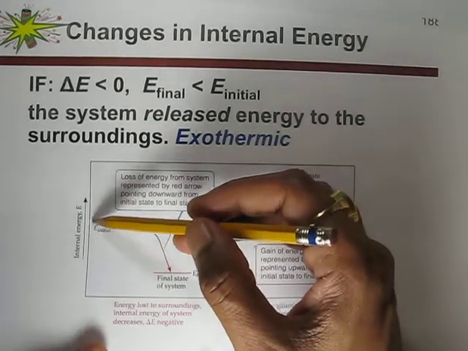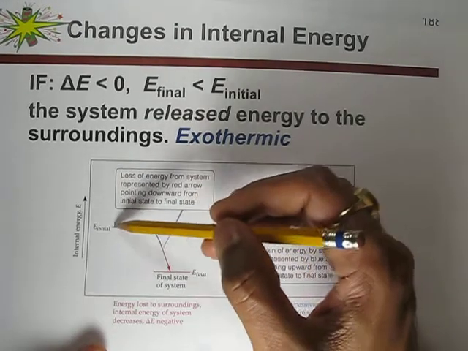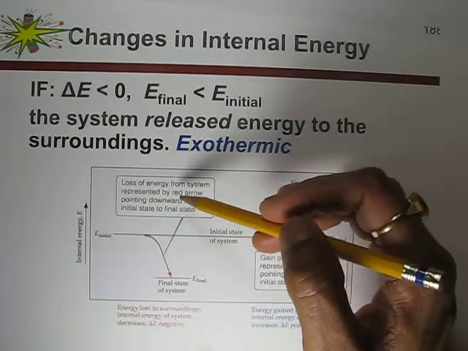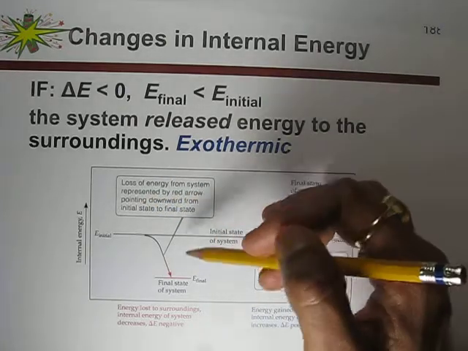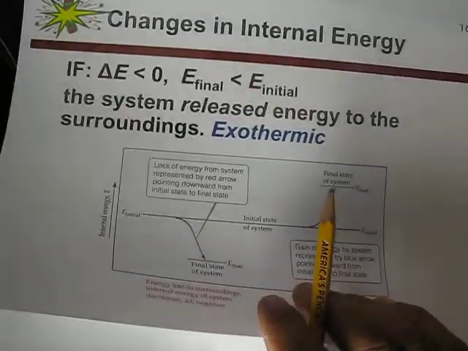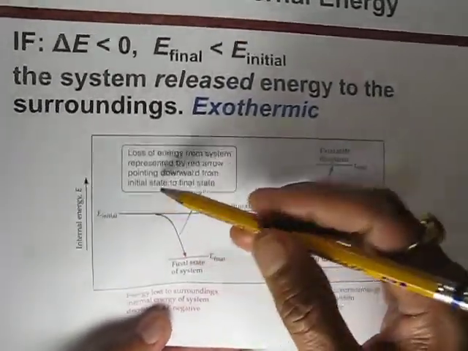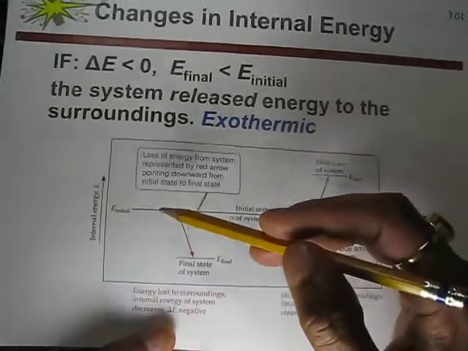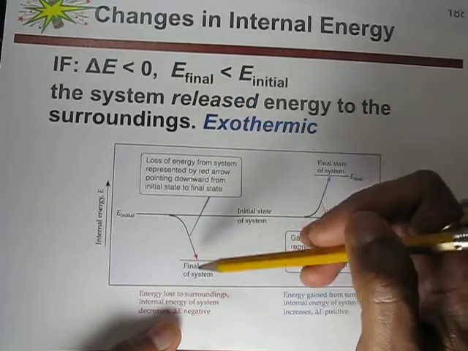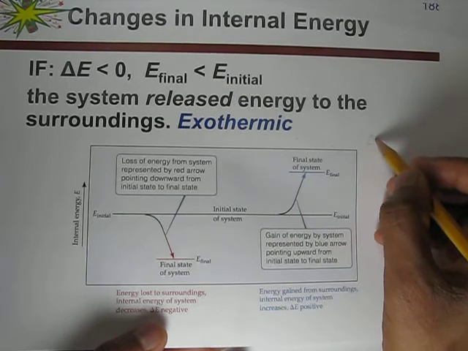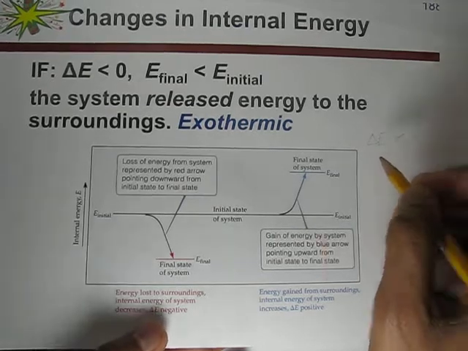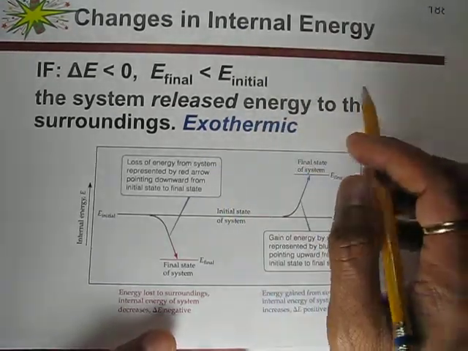When a system has the initial energy like this one, and then it loses energy from the system and releases it into the surrounding, then the final energy will be less. You can see it going downward, so loss of energy is going on. It is going from top to bottom, meaning it is losing energy. So E final will be less than E initial, and delta E will be less than 0, meaning it will be negative. So this type of system is called exothermic.